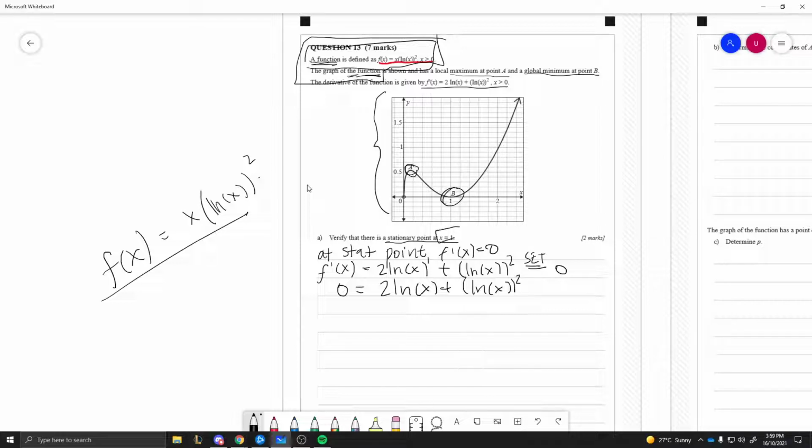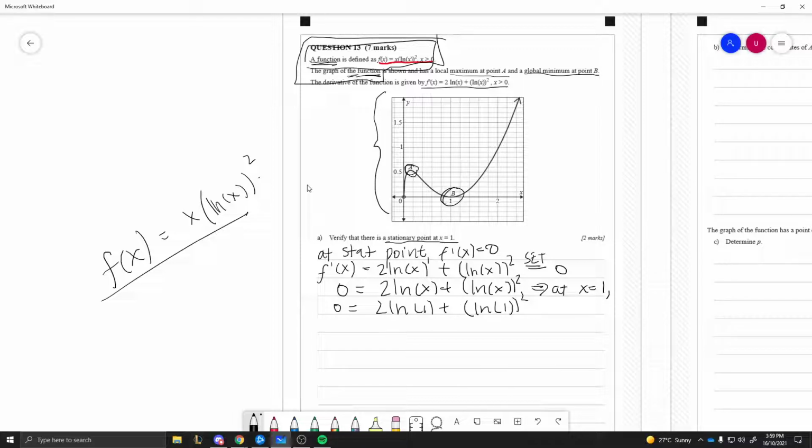And you know that it's at x equals 1. So I usually just do a double arrow at x equals 1: 0 equals 2 ln of 1 plus ln of 1 squared.